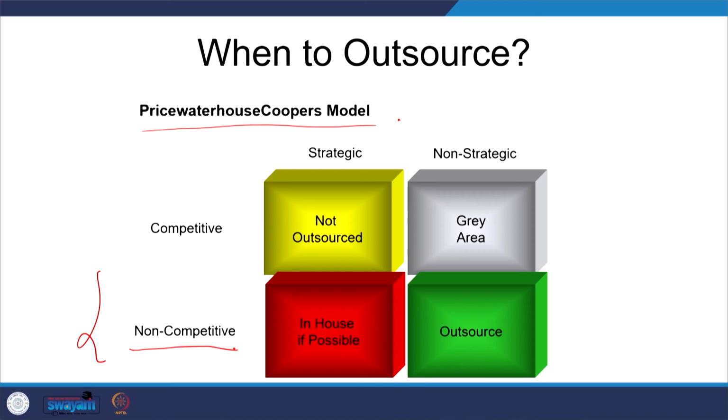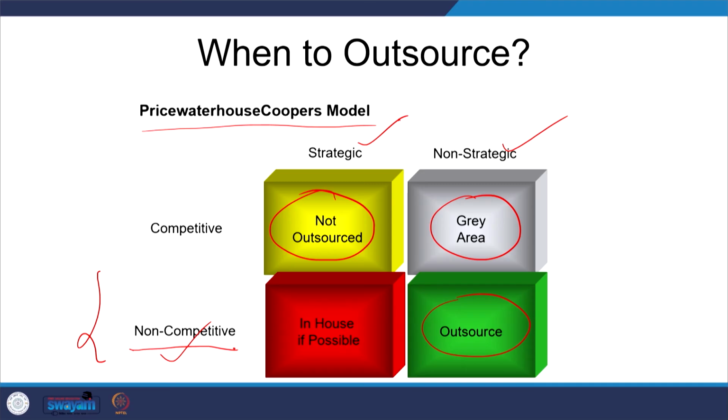So, here if it is a non-competitive and non-strategic product, you should definitely outsource. But if it is a competitive item, where you need to be the best, and it is strategic in nature also, you should never outsource. And this is an area where it is a gray area, it is very difficult to say what you should do.